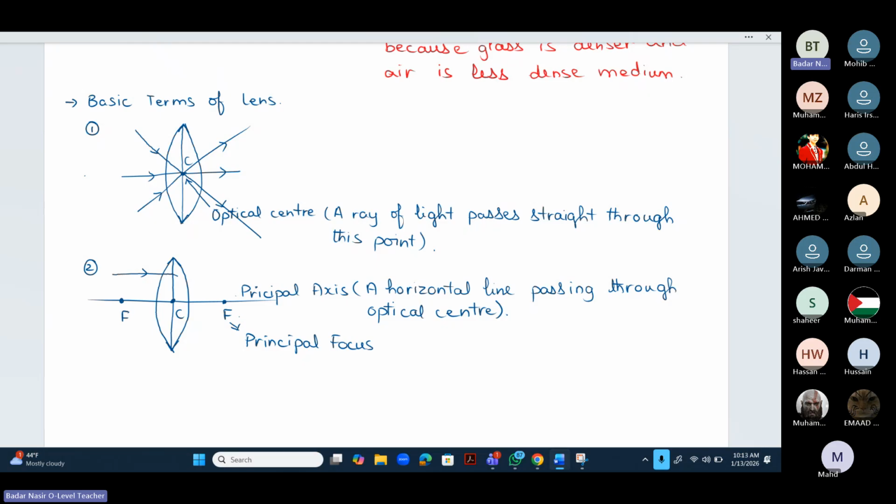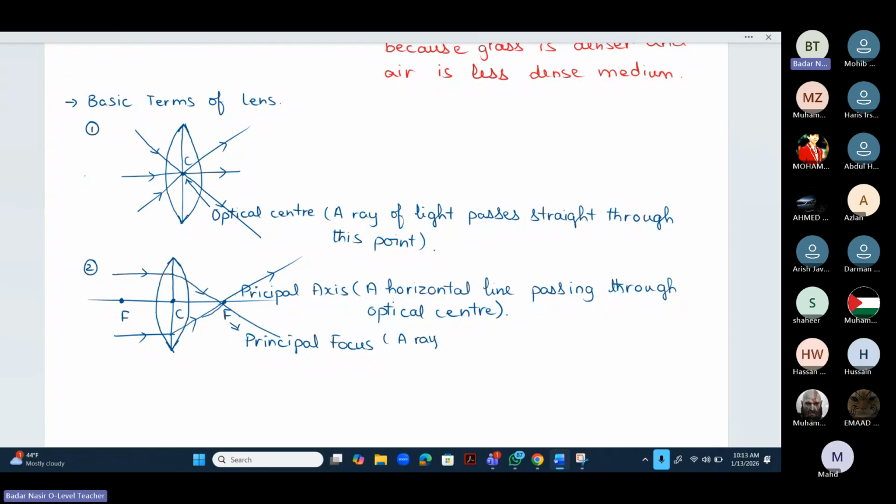This is how it looks like. So for the principal focus, a ray parallel to the principal axis will pass through the principal focus.